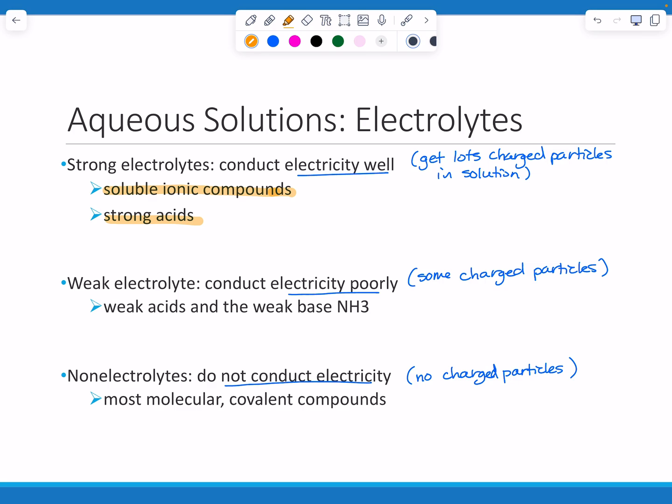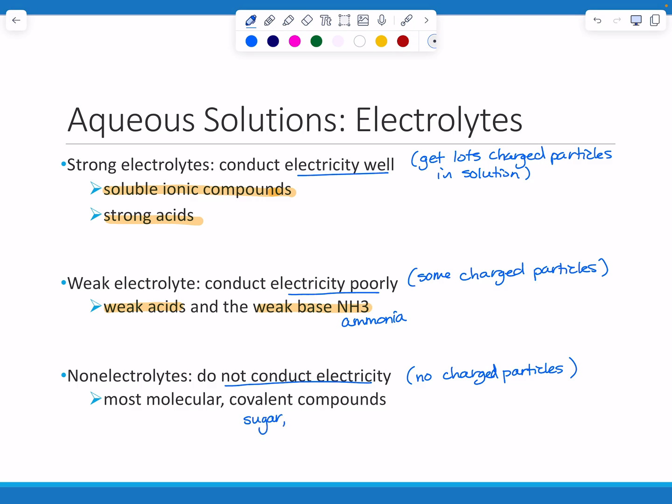Weak electrolytes are going to be weak acids, and also the weak base ammonia. This is the molecule ammonia. And then non-electrolytes are covalent compounds, things like sugar.